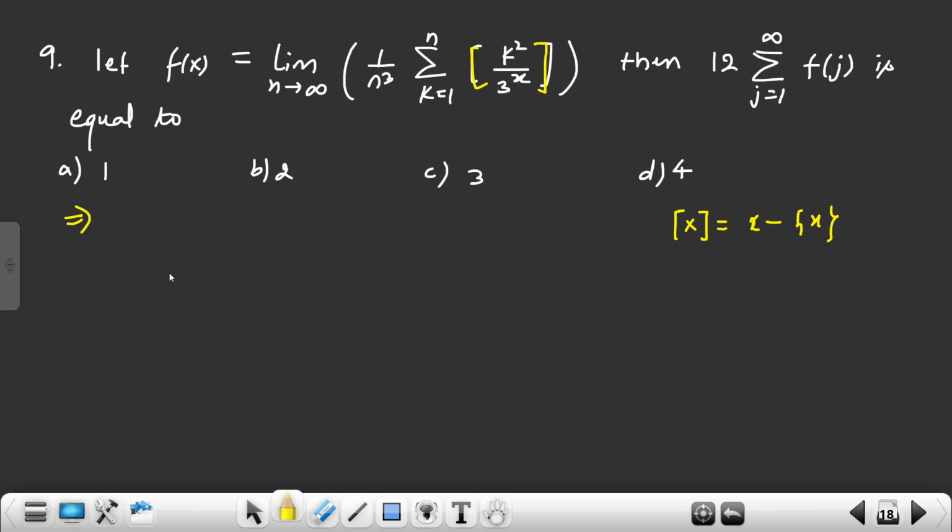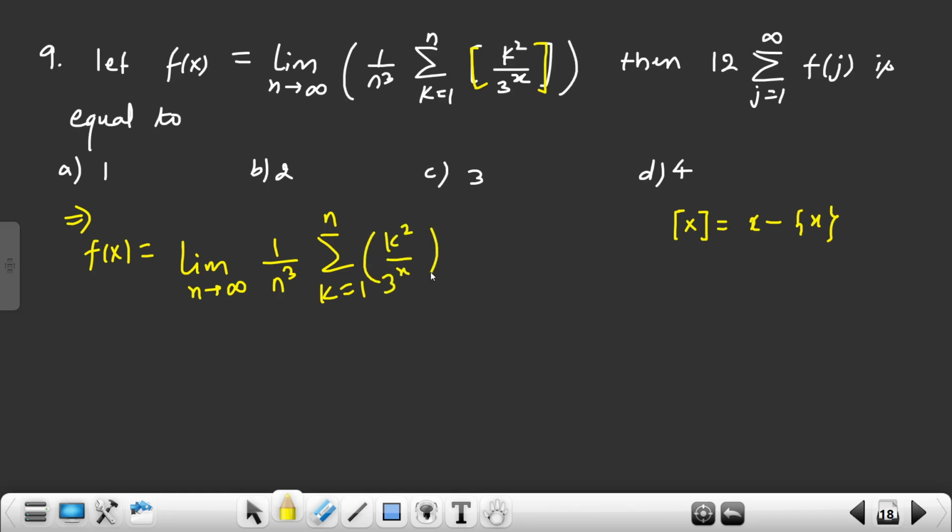So similarly I will use here: limit n tends to infinity 1 by n cube sigma, k square by 3 power x, minus limit 1 by n cube sigma fractional part of k square by 3 power x. Now you know that this fractional part always belongs to 0 to 1. Yes or no?